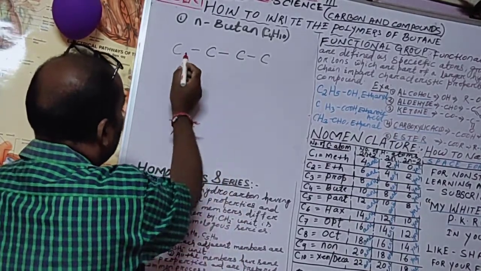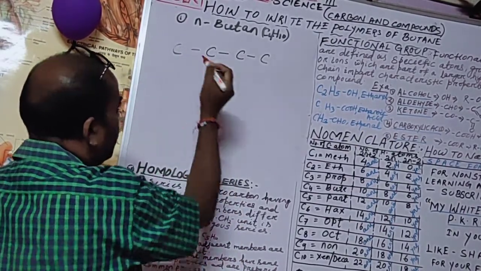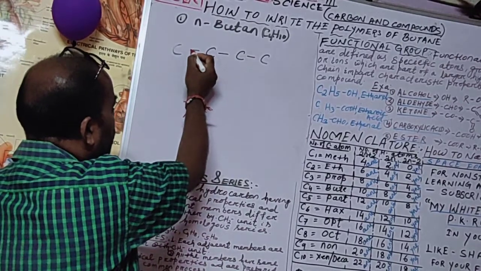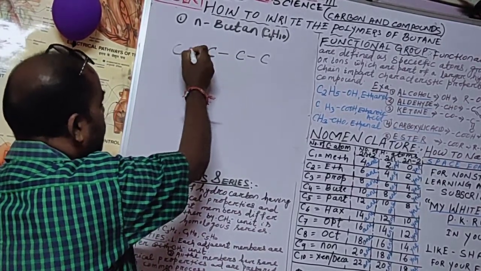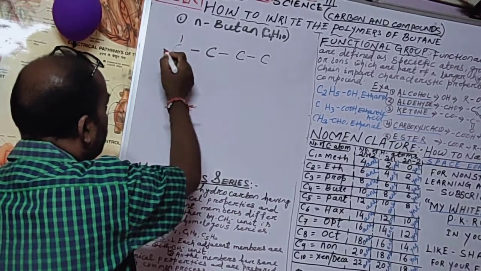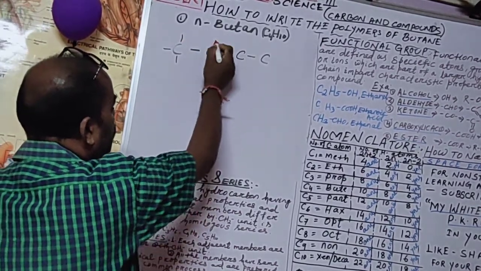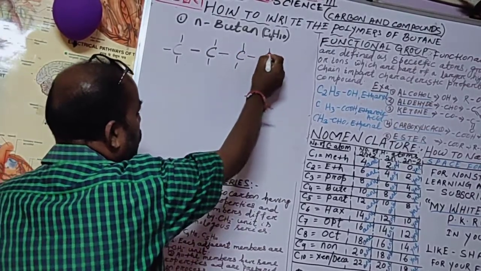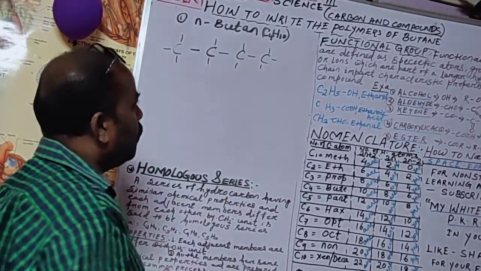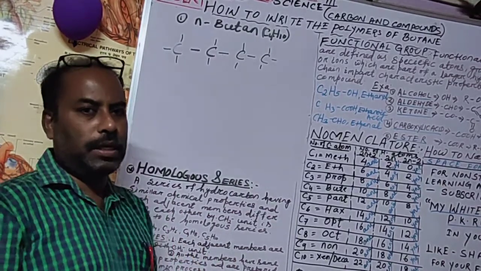Now you see here the carbon has 4 electrons. One electron is making a bond with this carbon. One electron is already engaged, so the next 3 electrons will be there. So the carbon will make 4 bonds individually.